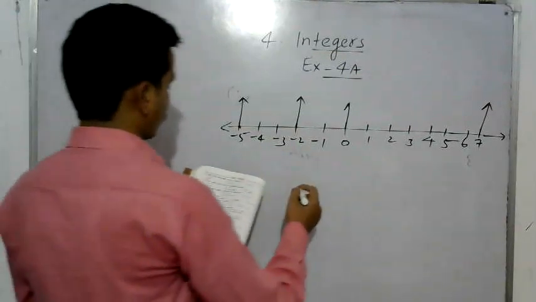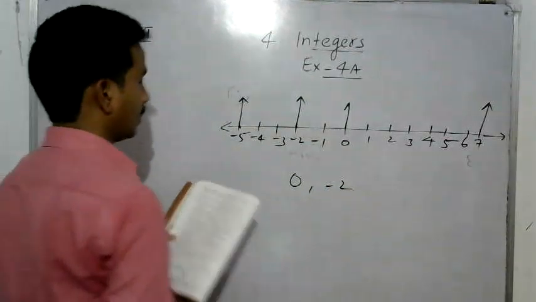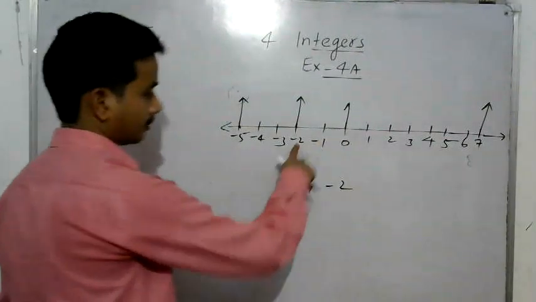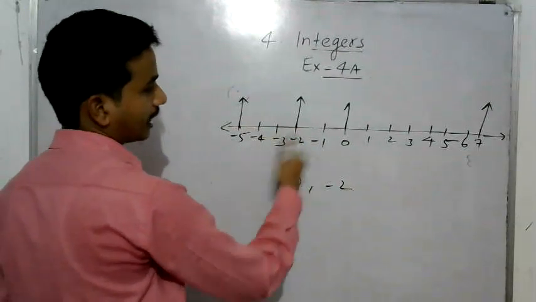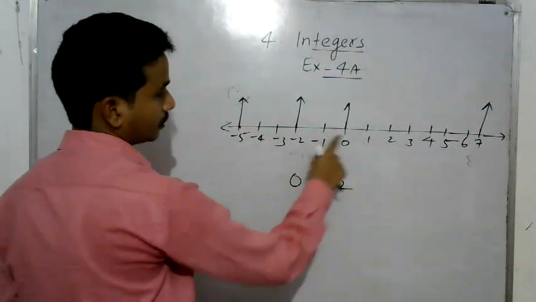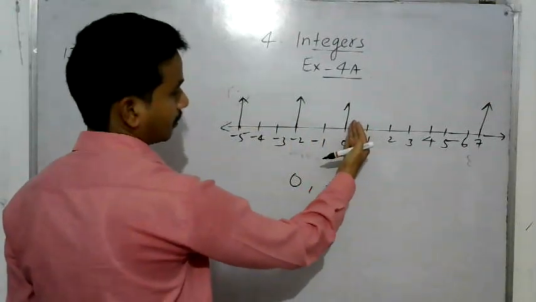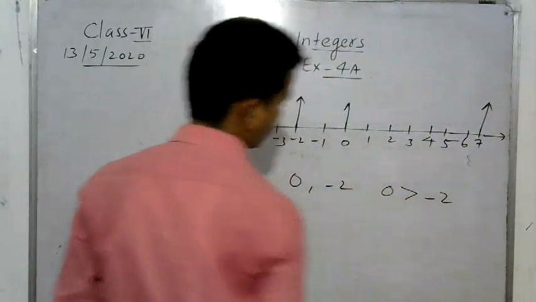Now in question number 4, 0 or minus 2, which one is larger? You have to compare. So here is 0 and here is minus 2. Which number is on the right part? Since 0 is to the right of minus 2, 0 will be greater than minus 2.